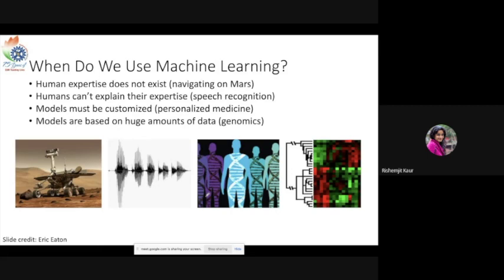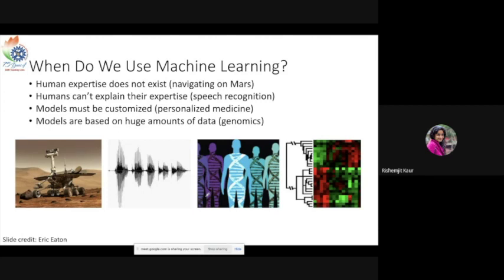We don't need to teach the exact grammatical rules to kids to teach them the language. They learn it from their parents and from their environment. They may not know the rules, whether a, an or the should be used, but they know that this is how it should be. So there are many cases where we cannot even tell how we are able to perform a task, where we cannot explain our own expertise, right? So that's the second scenario.